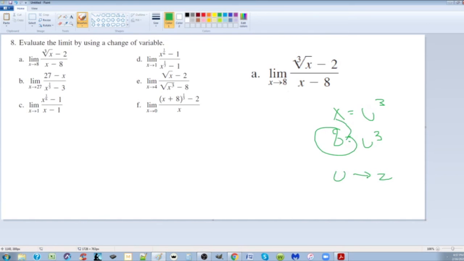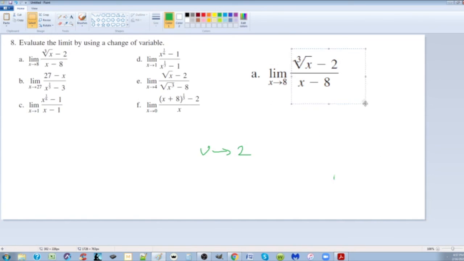Because you put the 8 of what you're looking for here, and then you solve for u to figure out what it's approaching. So that means I'm no longer looking for x approaching 8, I'm looking for u approaching 2. And wherever I see an x, I'm putting in u cubed. And you'll see why in a second.